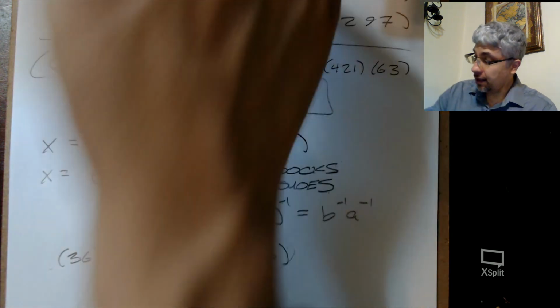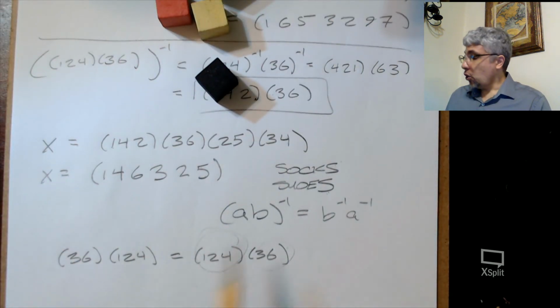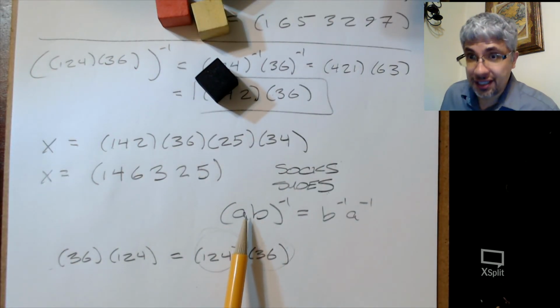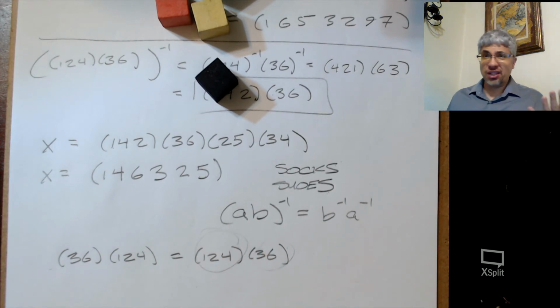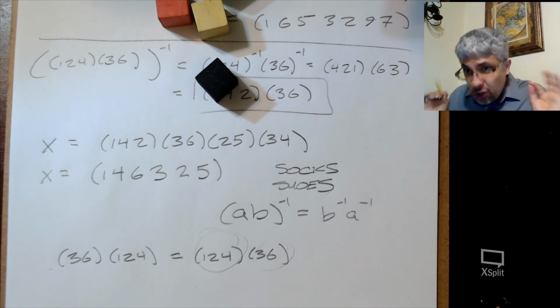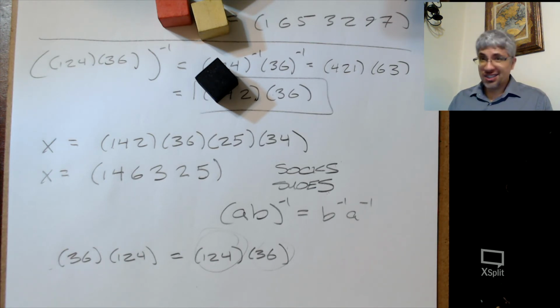So, because of that, when you have disjoint cycles, which is just an element in cycle notation, right? Every element in cycle notation is a collection of disjoint cycles. When you have disjoint cycles, you can just take the inverse of each of the individual cycles in any order you like. That's what I mean.